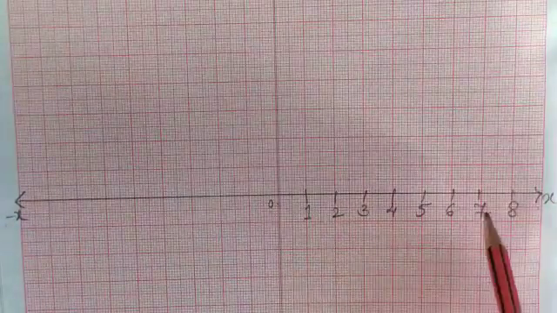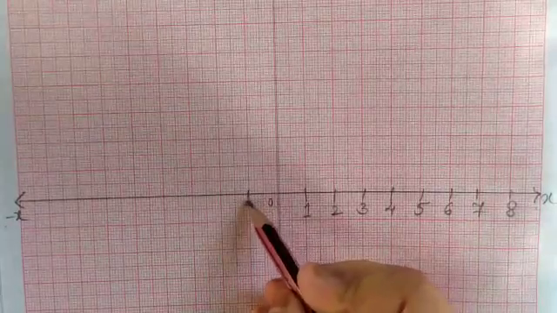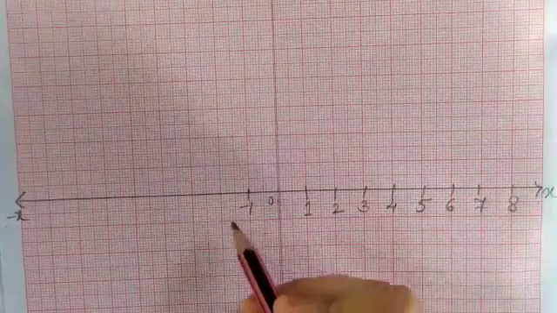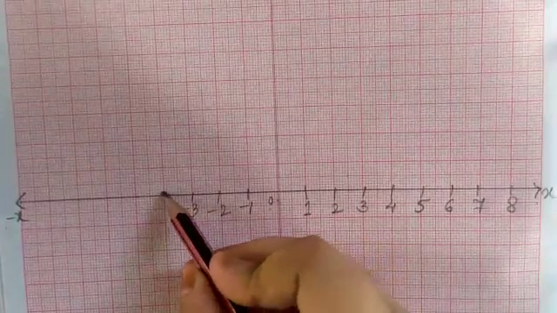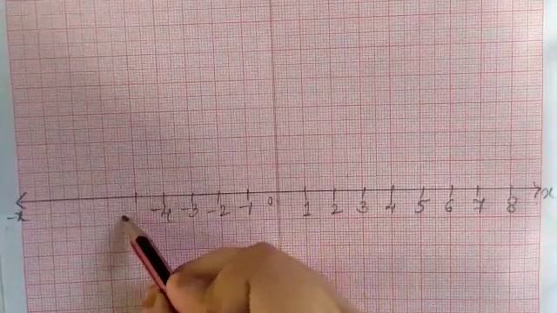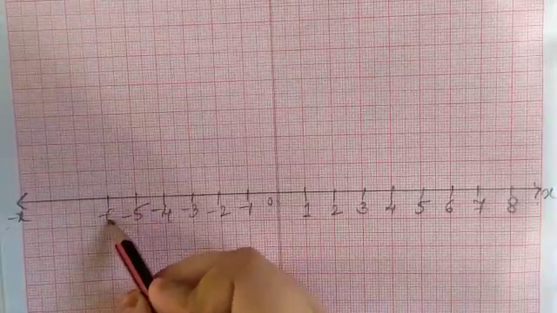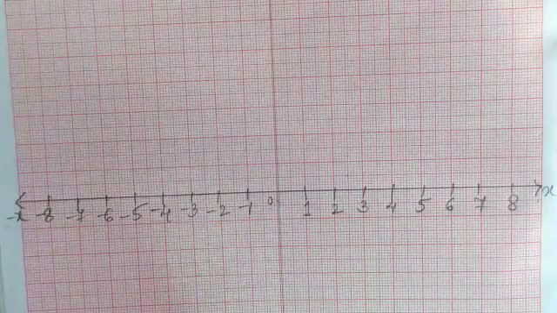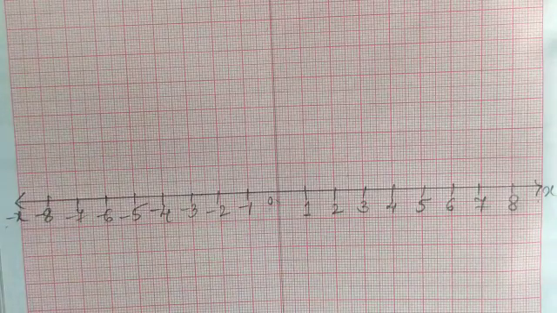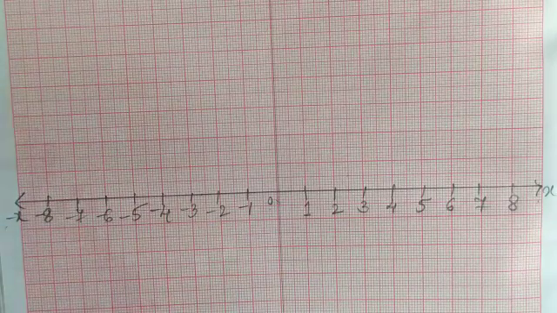Similar to this, I have to take the same points here. -1 because it is the negative x-axis, -2, -3, -4, -5, -6, -7, as well as -8 here. Since we don't have negative values, but let it be taken as negative values.